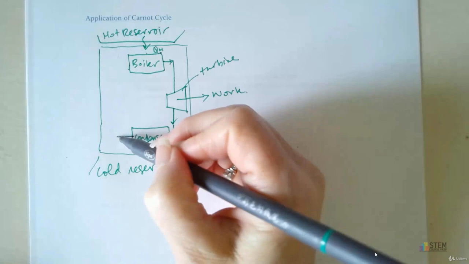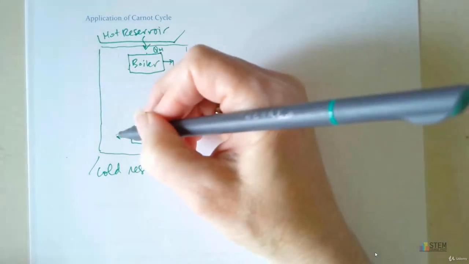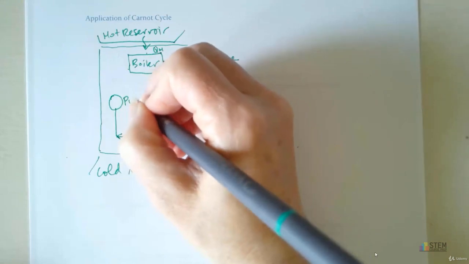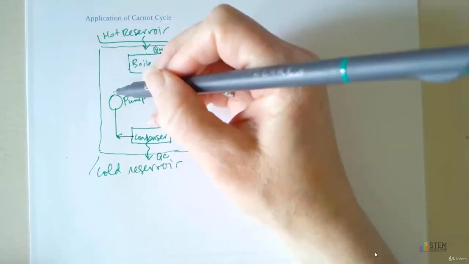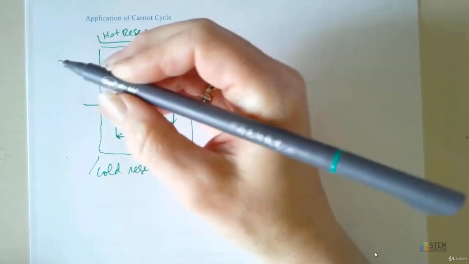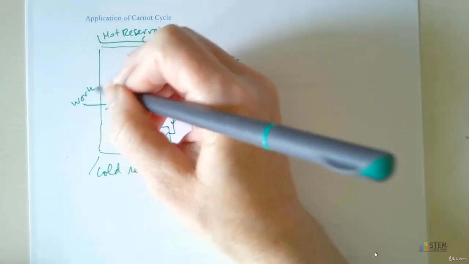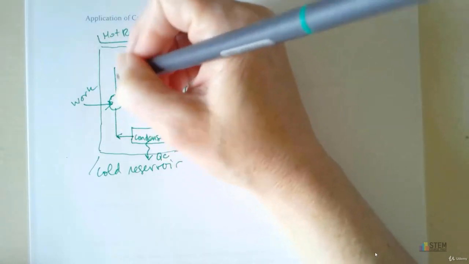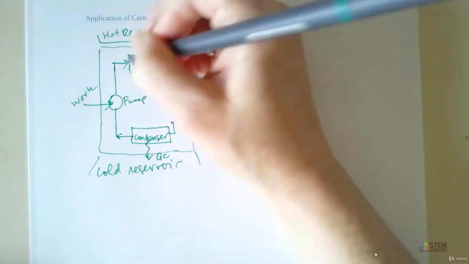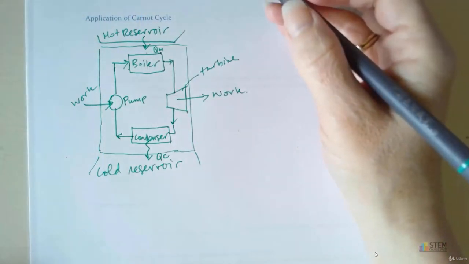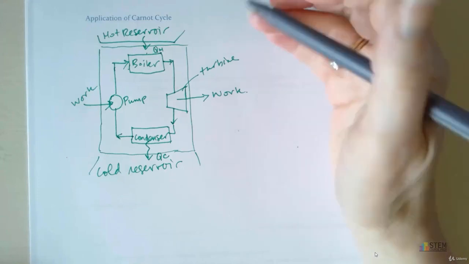After we do that, we come out of the condenser, and then we're going to come up through here, and this is going to be a pump. And remember, a pump has to have energy supplied, so we'll put work going into the pump, and after the pump we flow to the boiler. Okay, so this is going to be an application of the Carnot cycle.